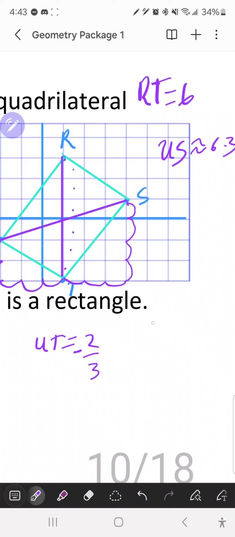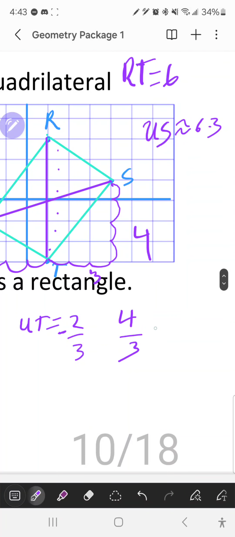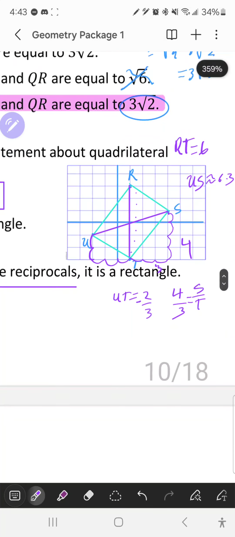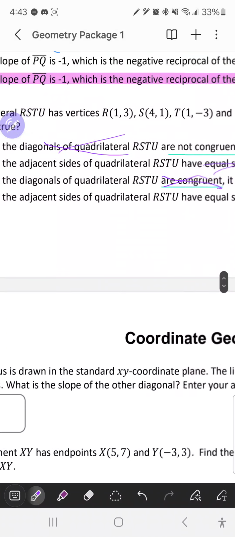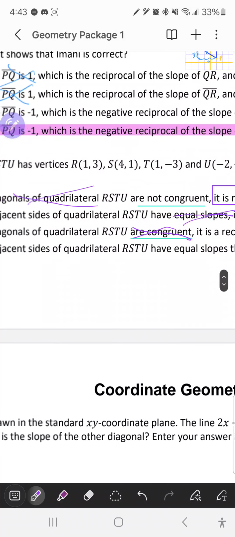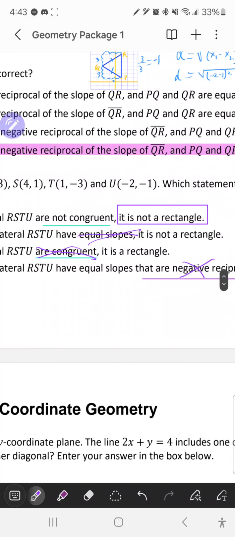So this is going to be rise over run, and this is going to be 4 over 3, and it's positive, so this is ST. And you see they are not opposite and reciprocal, so this is false. And finally, we get that A is true.